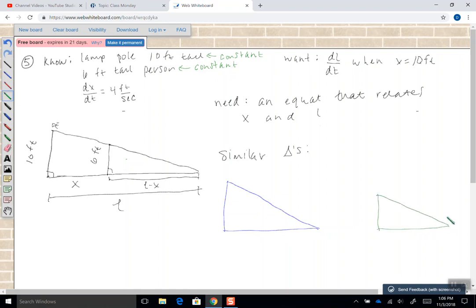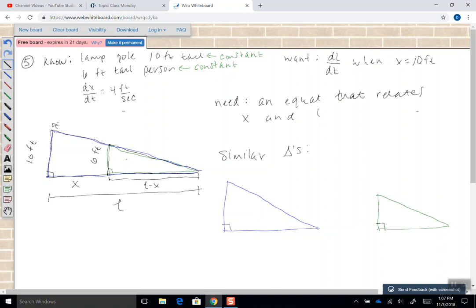All right, so I'm just pulling these from my first image, this being my big triangle, the blue one, and then the little triangle being my green one. I know that these are both right angles.